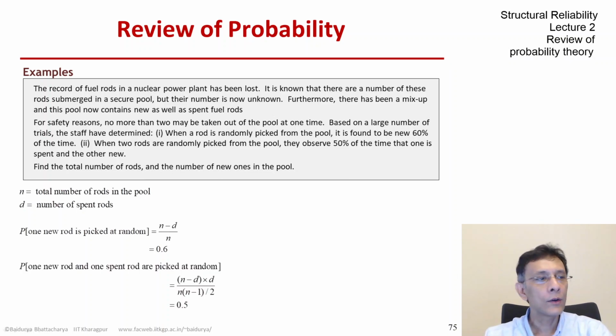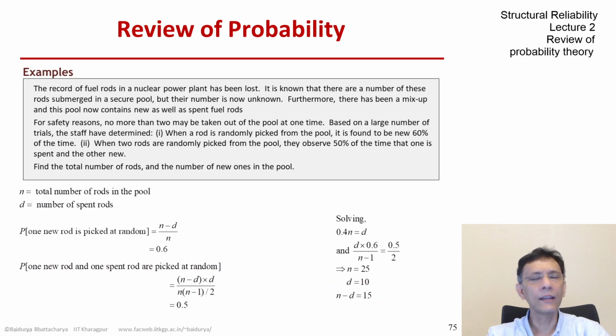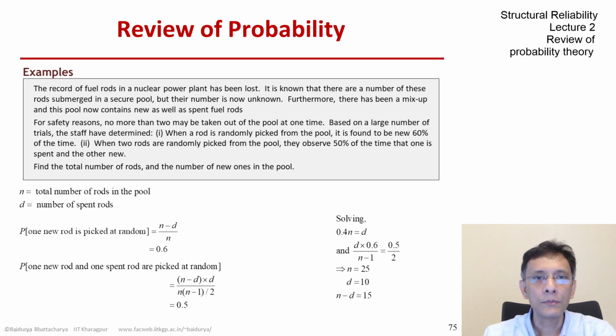Now we can pick one new and one spent rod when they are picked at random. The denominator is n choose 2, so that's n times (n minus 1) divided by 2, and the numerator is (n minus d) choose 1 times d choose 1, so that ratio is equal to 0.5. And it's a very simple two equations in two unknowns.